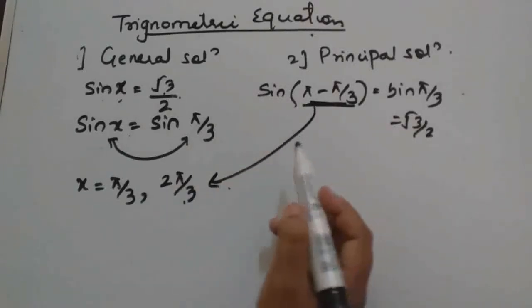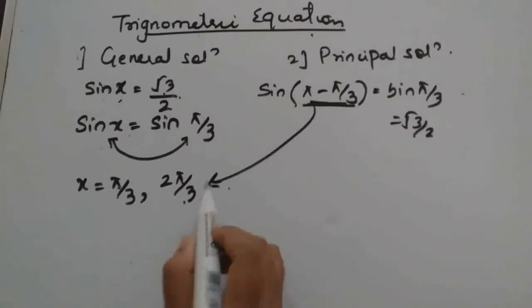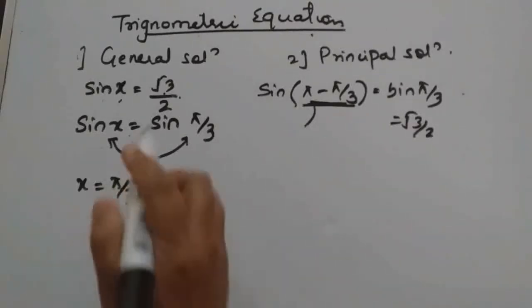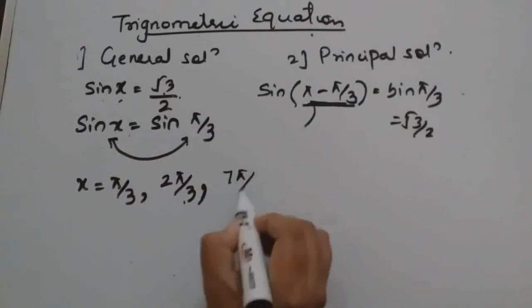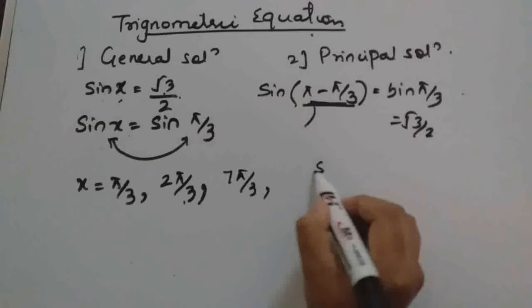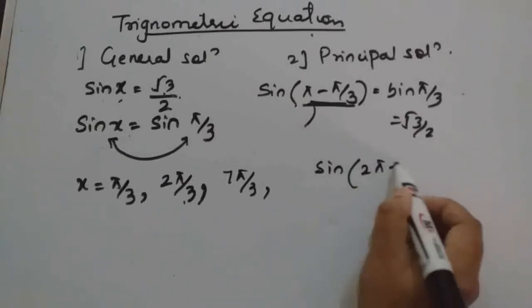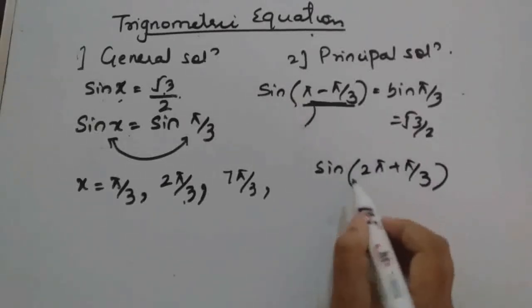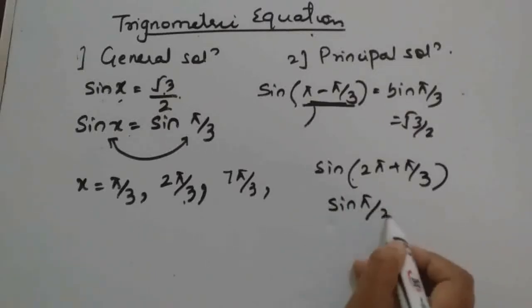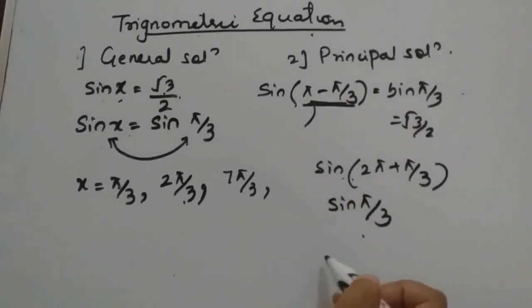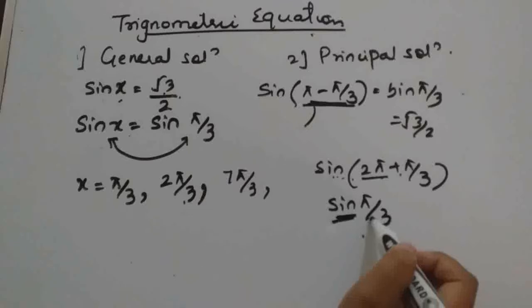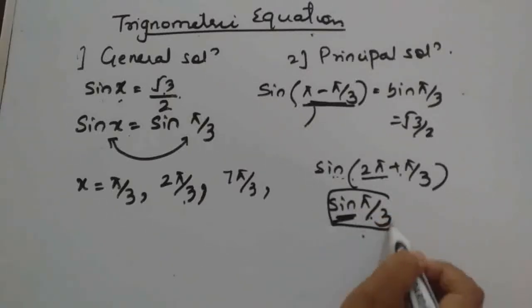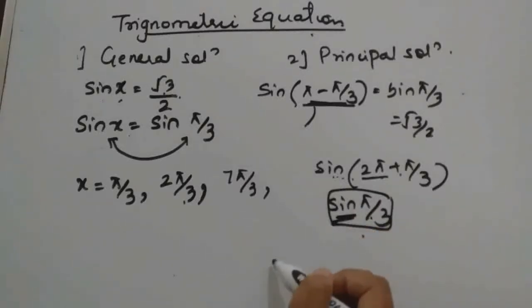Okay, some can say no, not only 2 pi by 3, x can be 7 pi by 3 also, because 7 pi by 3 is 2 pi plus pi by 3. That time also it will be equal to sin pi by 3, because with 2 pi the sine should not change, sine will be sine only, and 2 pi plus something means first quadrant, so positive. So again sin pi by 3 means root 3 by 2.